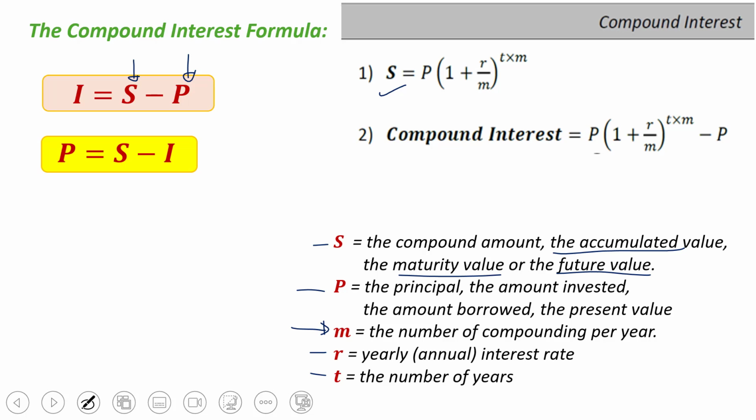Also, the principal value you can find from here if you are given S, R, M and T. So P will equal S over 1 plus R over M to the power M times T. So if you are looking for the principal value, the amount you start with, and you are given the maturity value or the accumulated value, you can find the principal value, right?